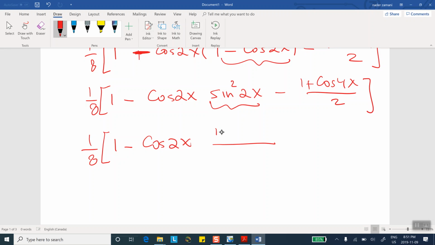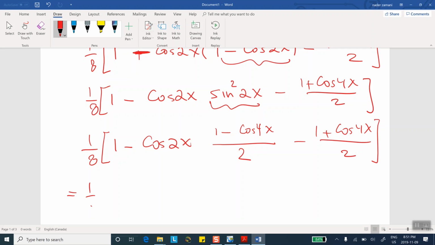So that's going to be 1 minus cosine of, not 2x, of 4x over 2. Okay? Go to the inventory of your formulas for sine squared 2x, how it relates to cosine of 4x, okay?